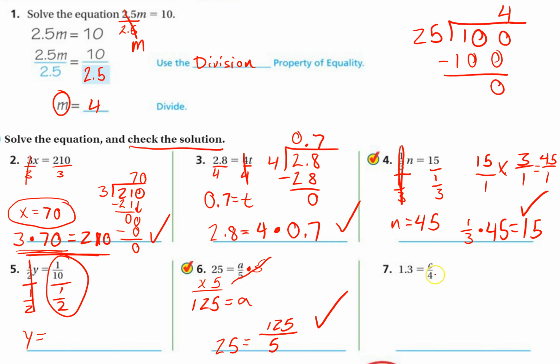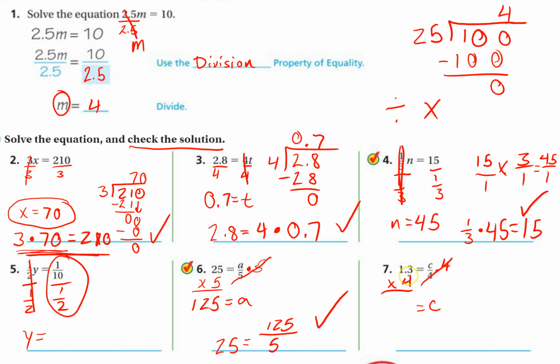Okay, same thing over here. It's a C with a 4 right underneath it, so this is division. The opposite of division is multiplication. So I multiply this by 4, the denominator. That's how you decide what you multiply by. And then I've got to multiply the other side by 4 as well. So that leaves me with just C on the right side, and then 1.3 times 4.